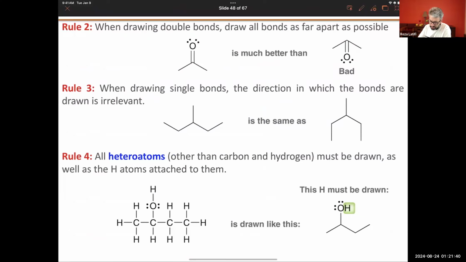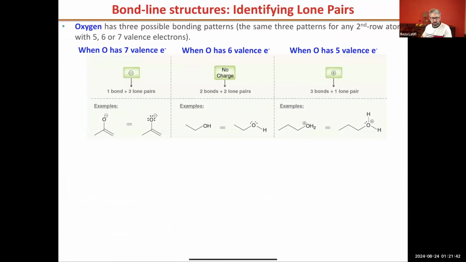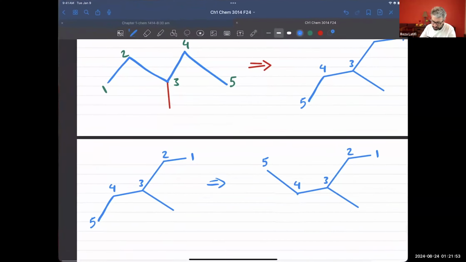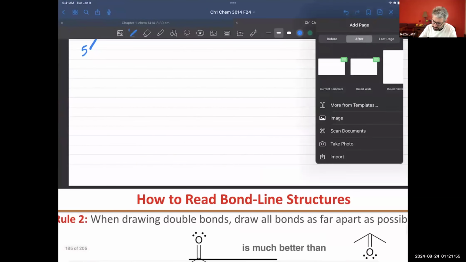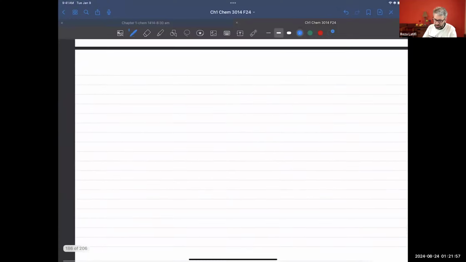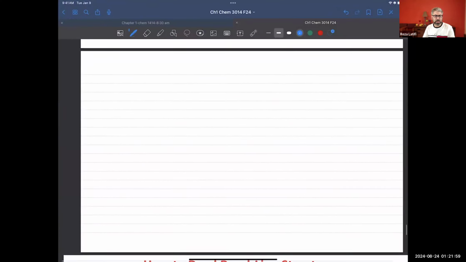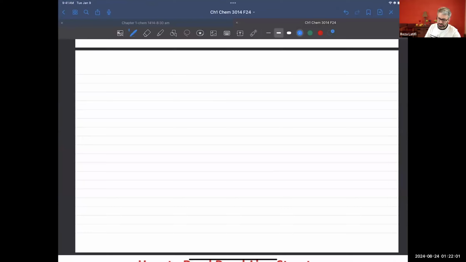So when it comes to heteroatoms, we need to show the hydrogen atoms that attach to them. Okay, let's start with this. The example that I'm going to go after will be first oxygen, and then we're going to switch to nitrogen.